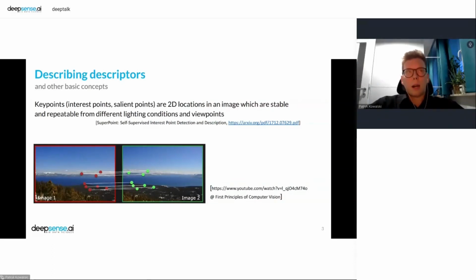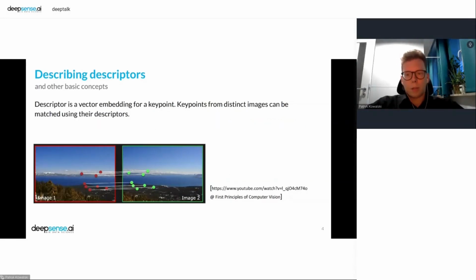We'd like our algorithm to be able to find the same key points in both of the images. Of course, there are more common points than just these 8 that have been found, but for some reason known only to the algorithm, those 8 are the most distinct and the easiest to match between images.